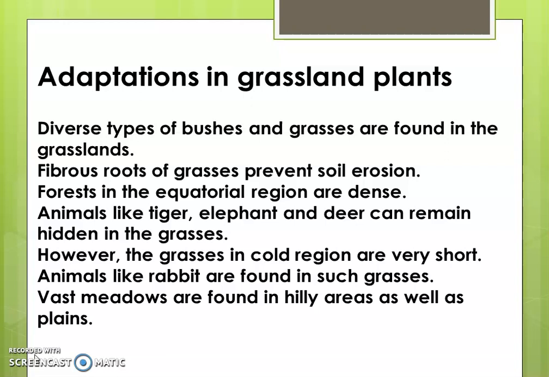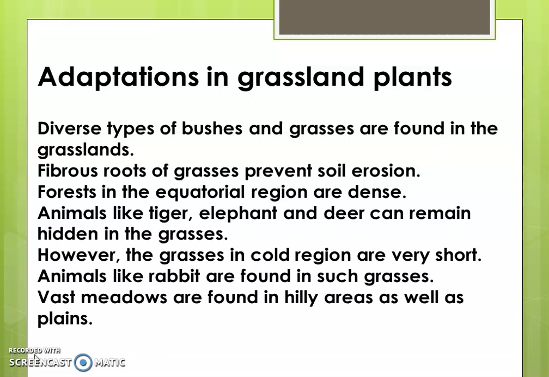Now if you read this slide, you will come to know that there is a huge variety of grasses also. The grasses of the equatorial region are dense, okay, while the grasses in the cold region are short, and the grasses in the hilly areas are in the form of vast meadows.